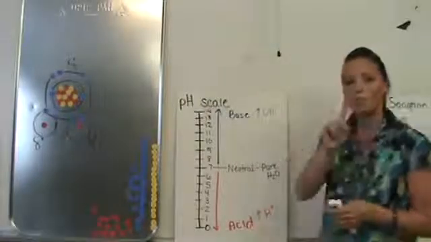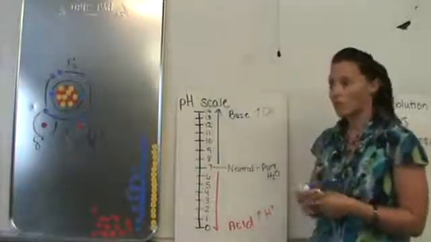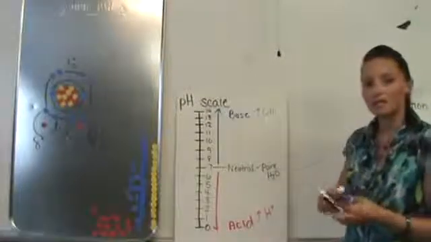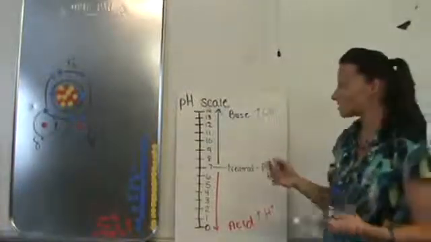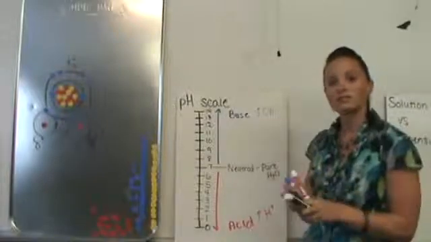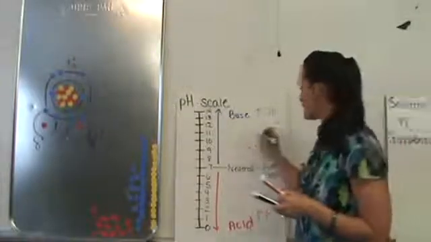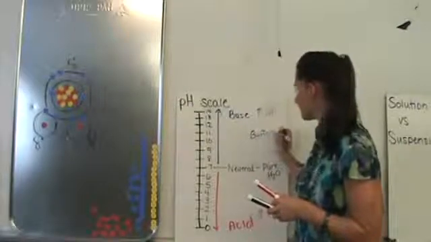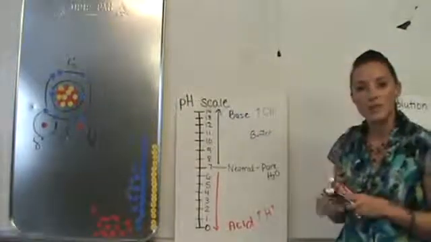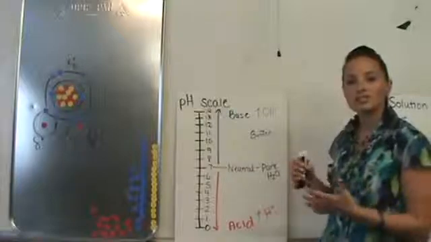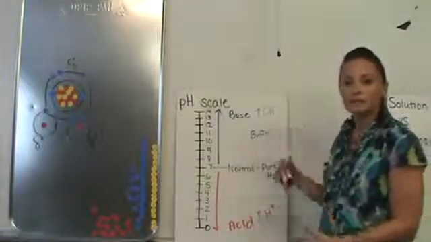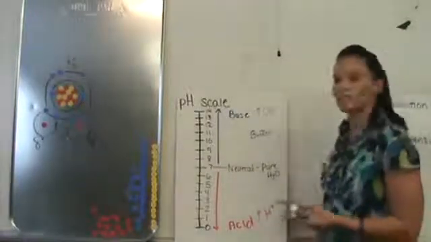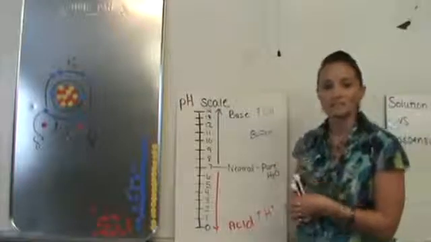Now, there is one exception to this rule. When you have something inside your acid or your base, and it's called buffering. Okay, when you have a buffer inside your acid or base, what that does is it actually stops the ability of the OH minus or the H plus to join together.